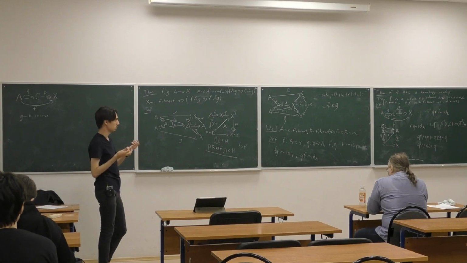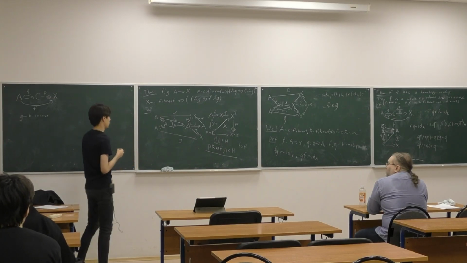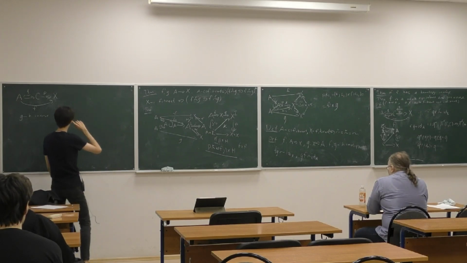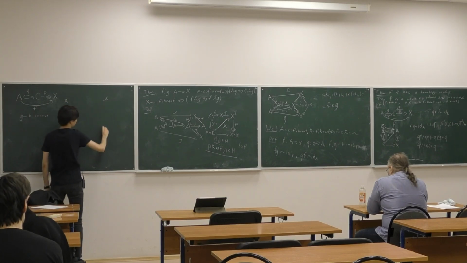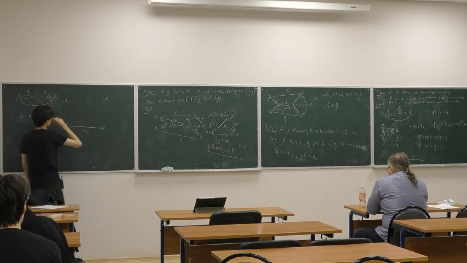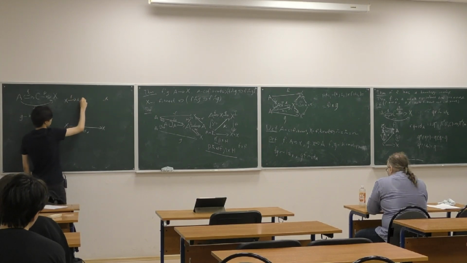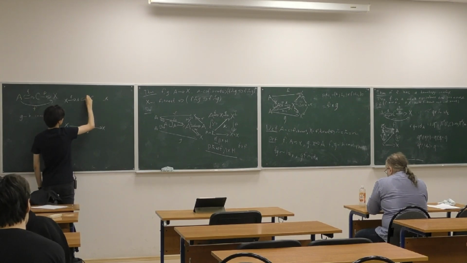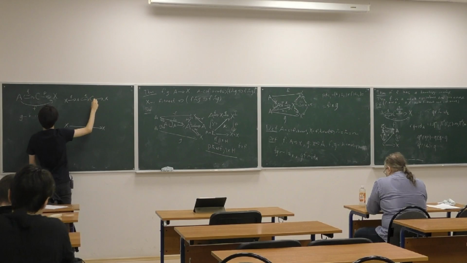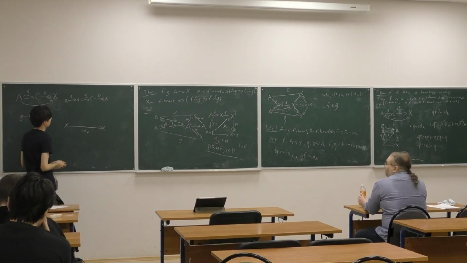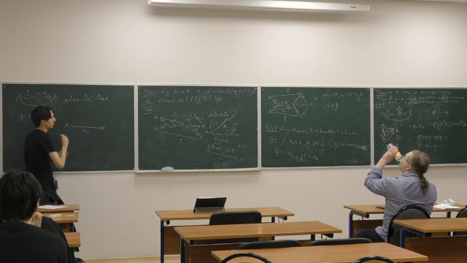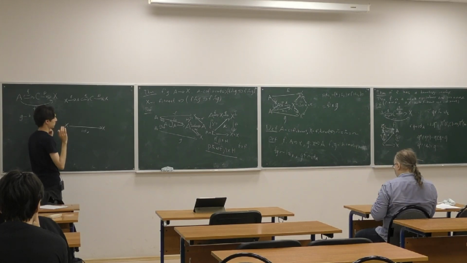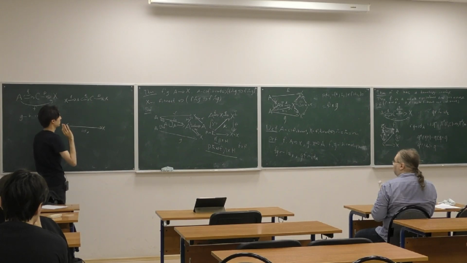So there are two maps from X to X. This is just ID, and this is G, and this can be decomposed as two maps, Q and P. Okay, so let's say that we have a left homotopy.